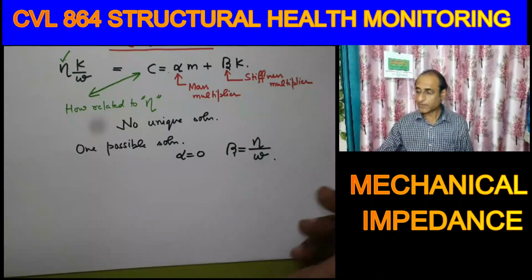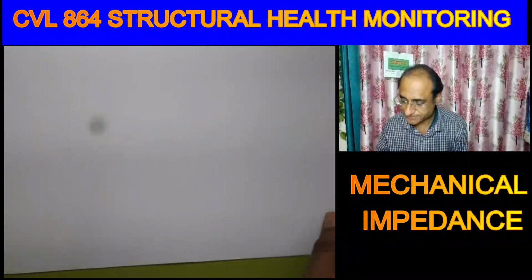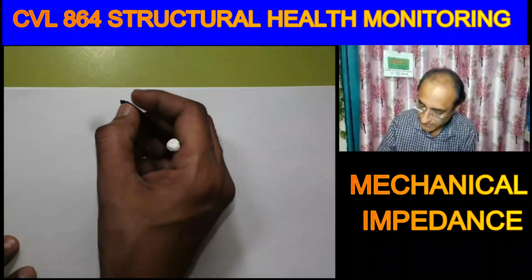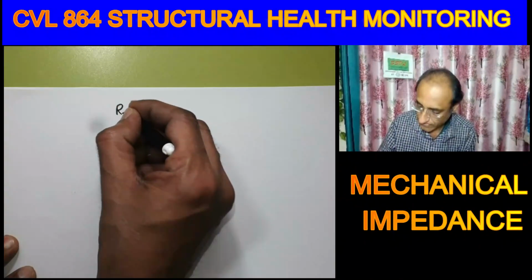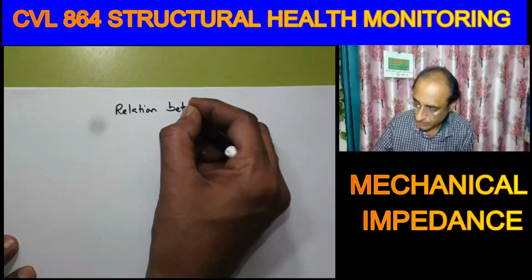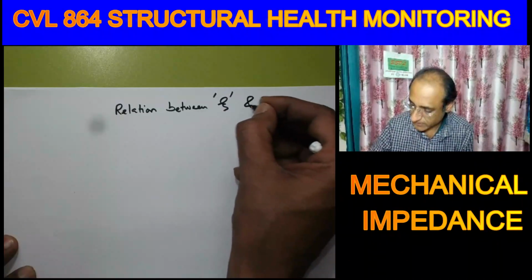And now let me also ask you a question: how do we find another relation between your damping ratio xi and your Rayleigh damping alpha and beta?